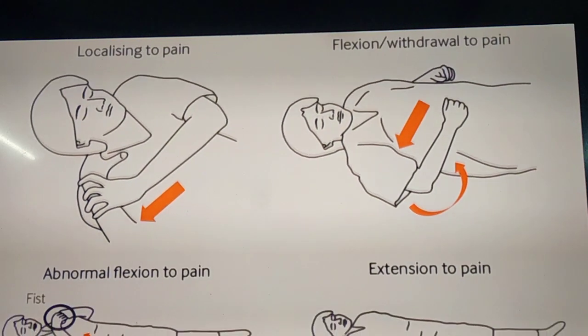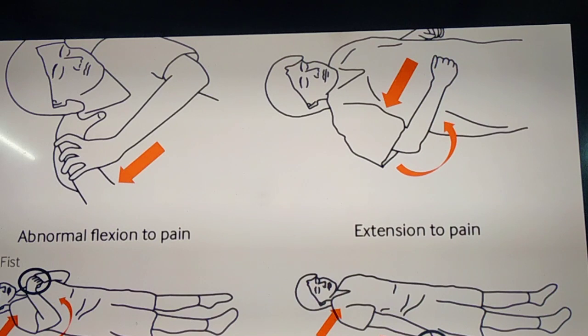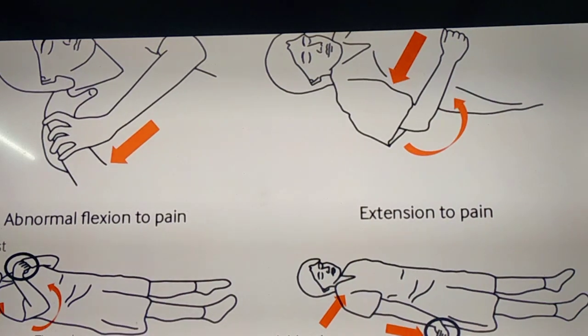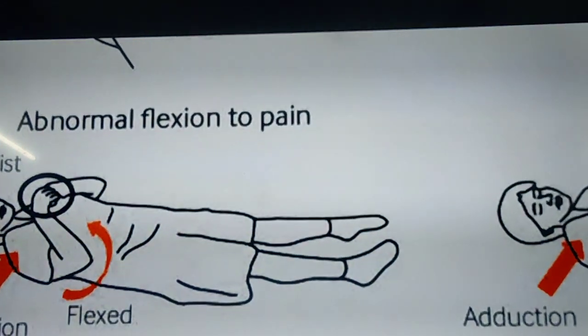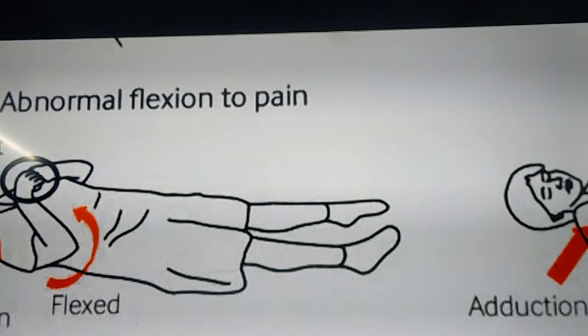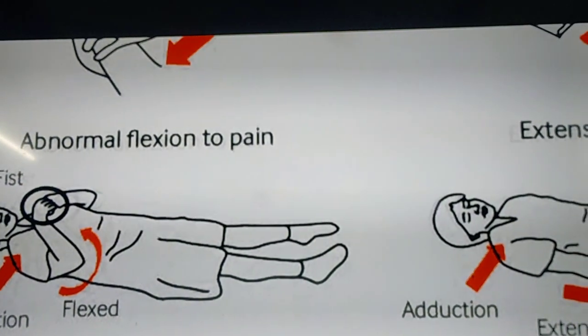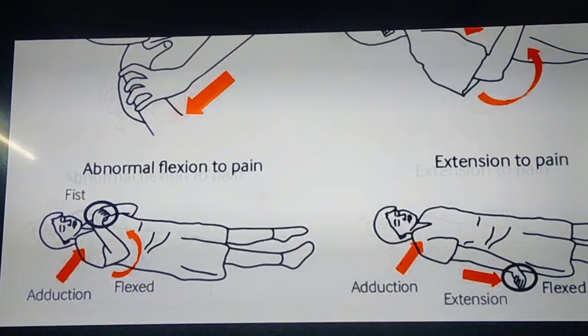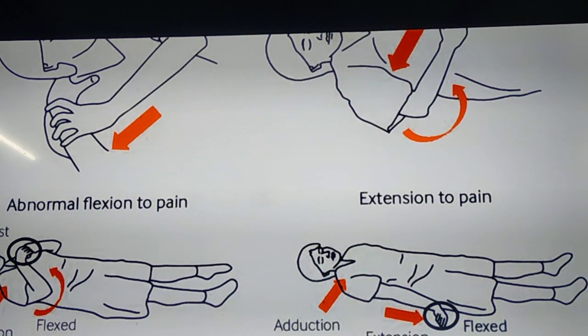Okay, then next one is abnormal flexion. Here, as you can see, in abnormal flexion, the patient makes a fist like this, and his hands are flexed and adducted to the sternum. He is going to lift his hands till the sternum.